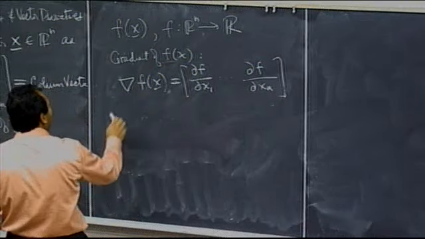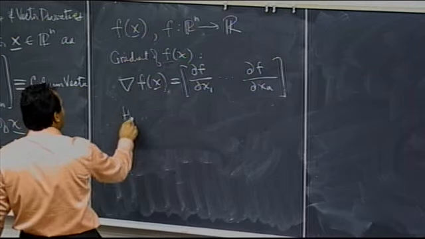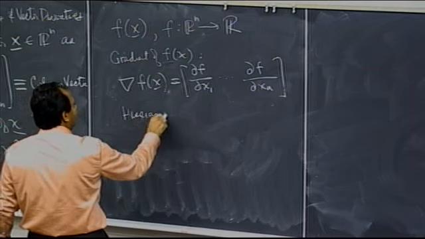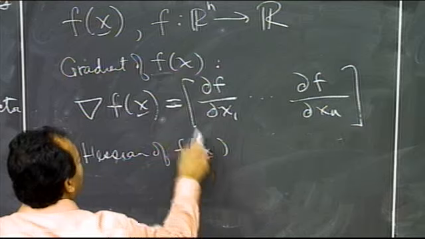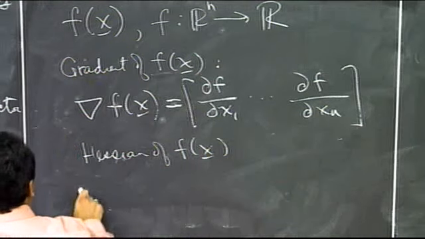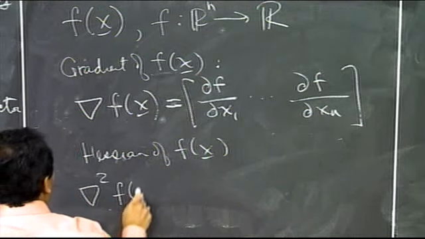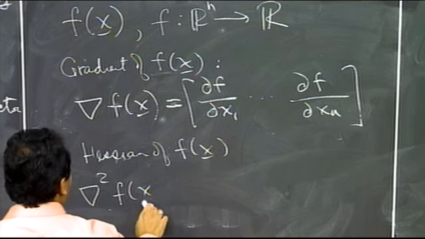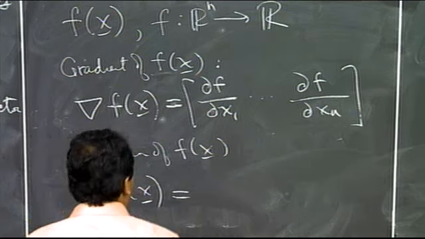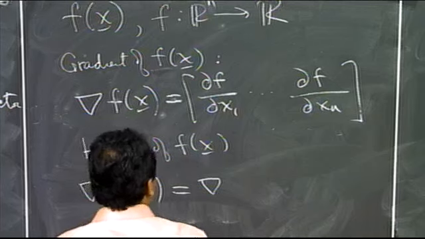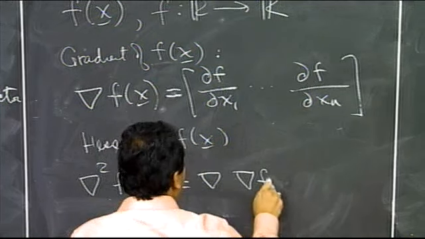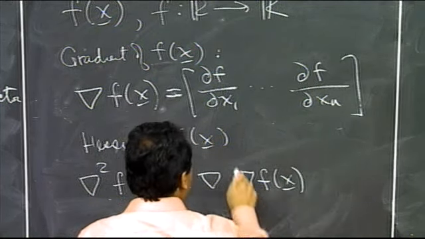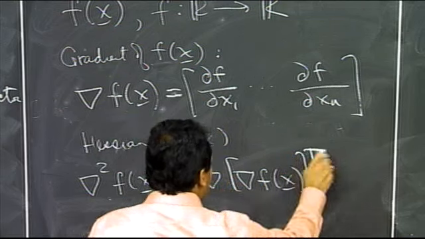We call it the Hessian of f, and it's denoted as follows. We say it's del squared f of x, and this is equal to the gradient of f of x transpose.